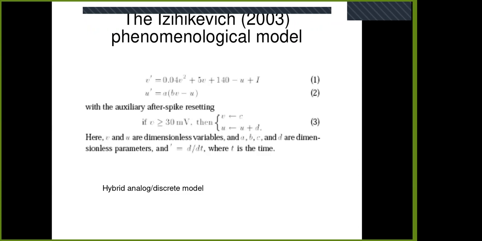You have the integrate part that is described by ODEs, in this case 2, for others less or more. But when you get to a threshold, you have a discrete mode, and you just say there's a spike, because you don't care about what the spike shape is.